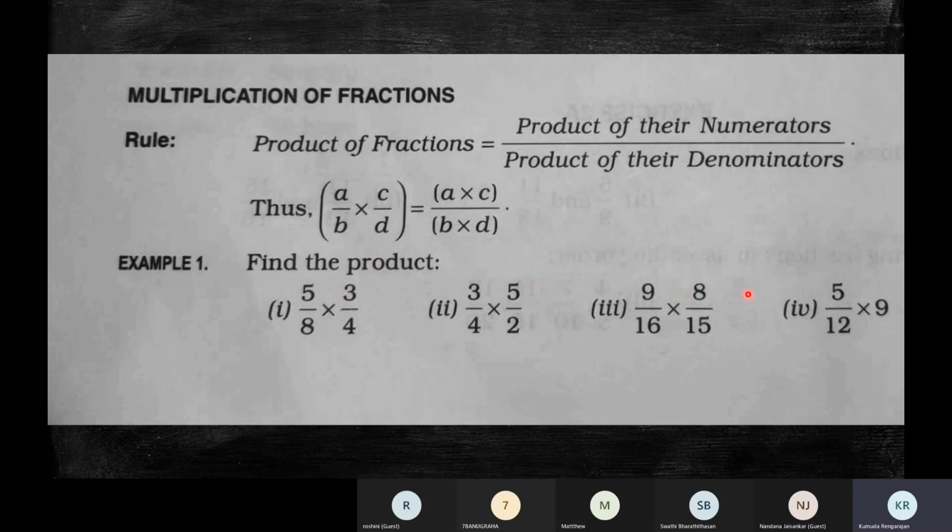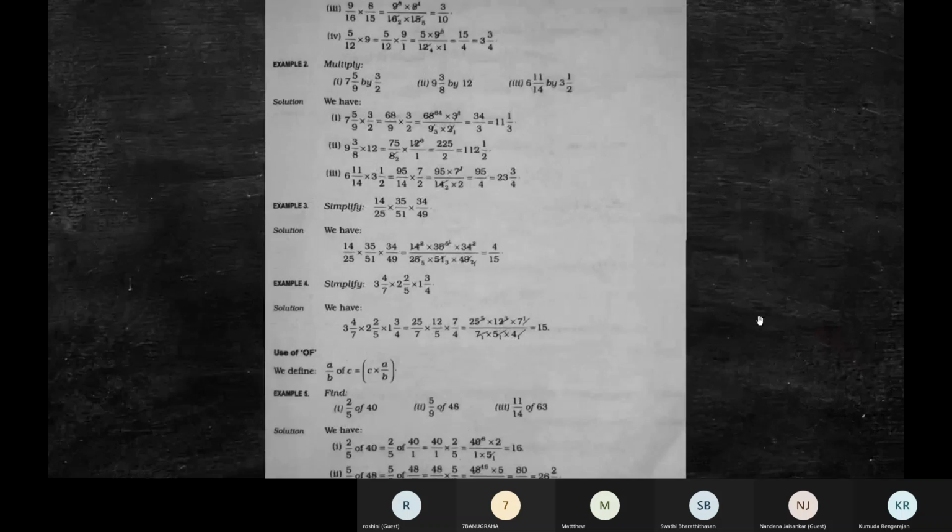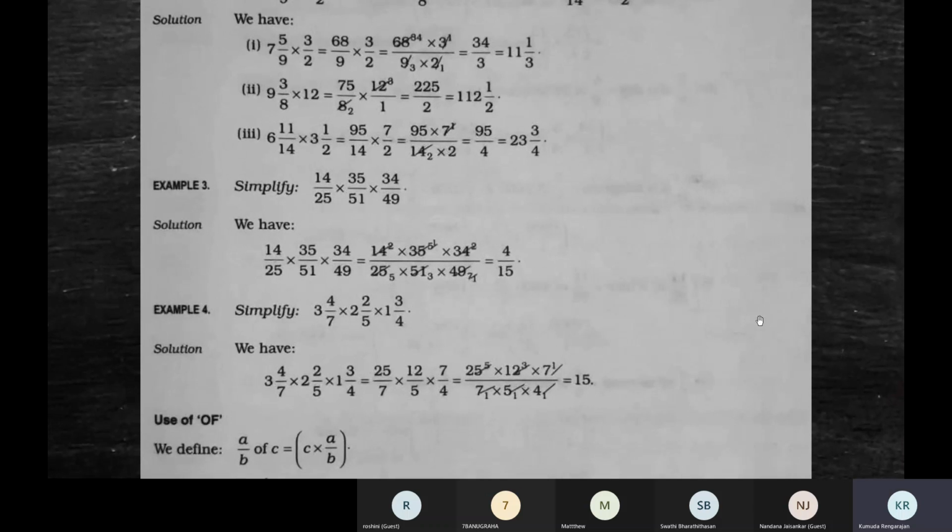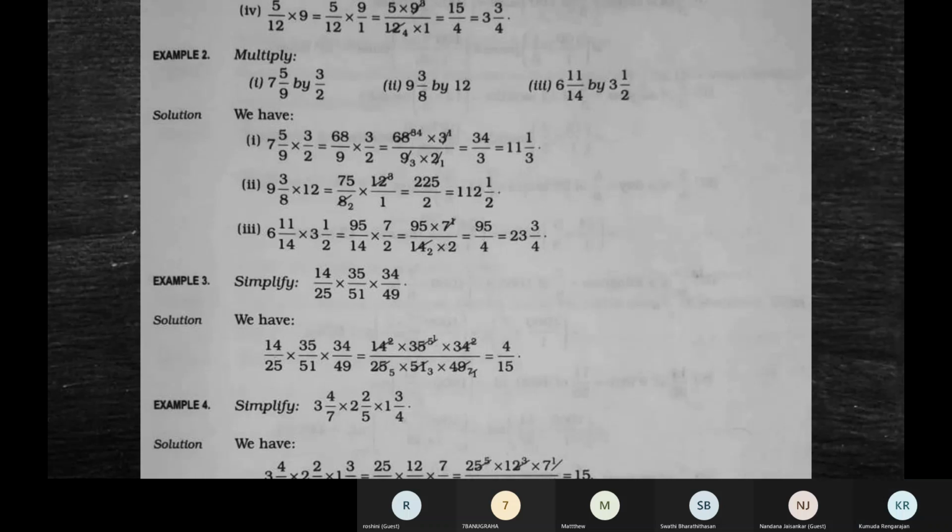Now these sums are what we understood. These 4 sums we understood now. I want you to try example 2. Or if you work all the 3 subdivisions, you can take the help here. Now each one of you will explain.